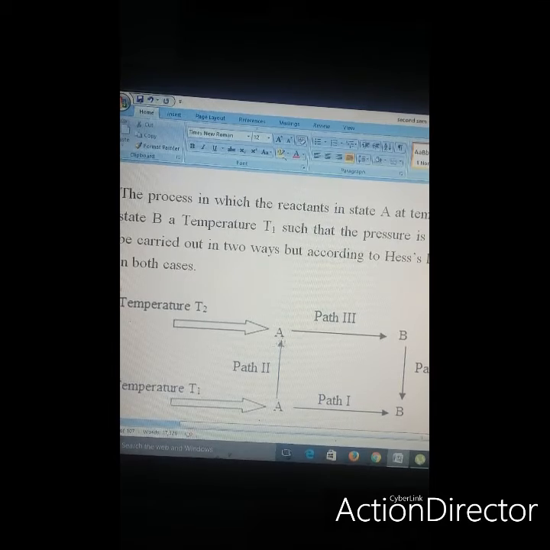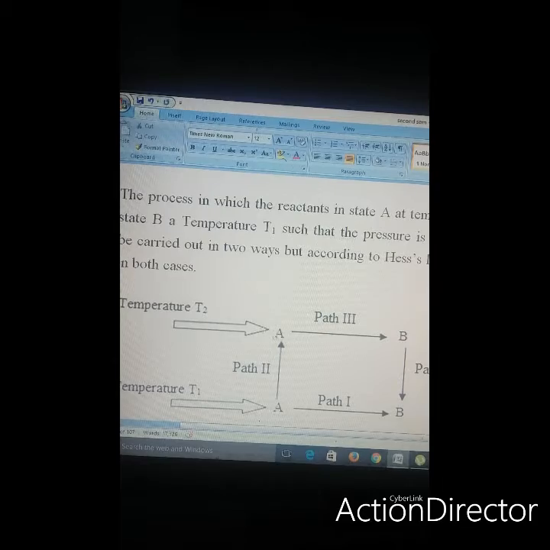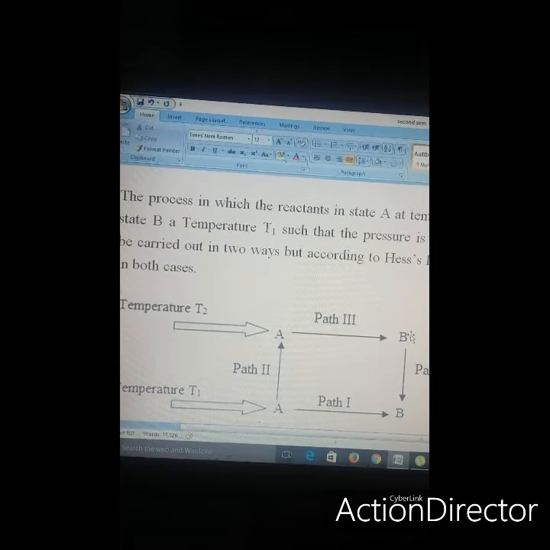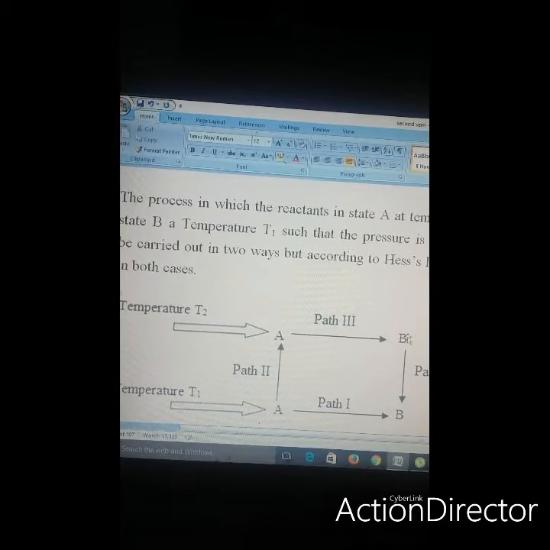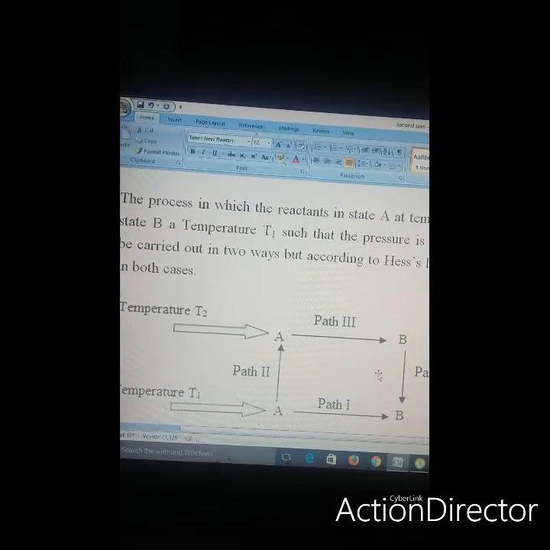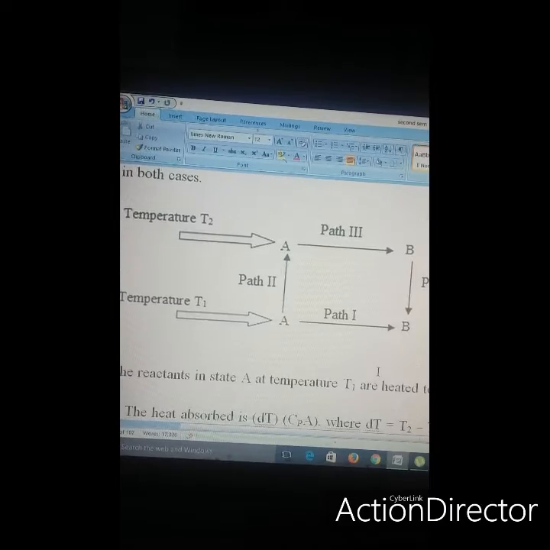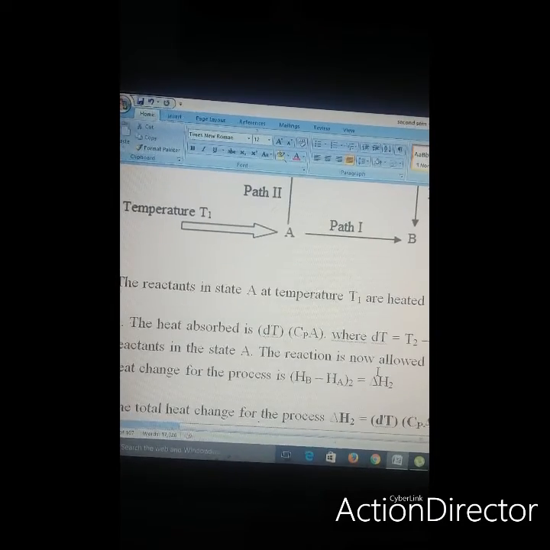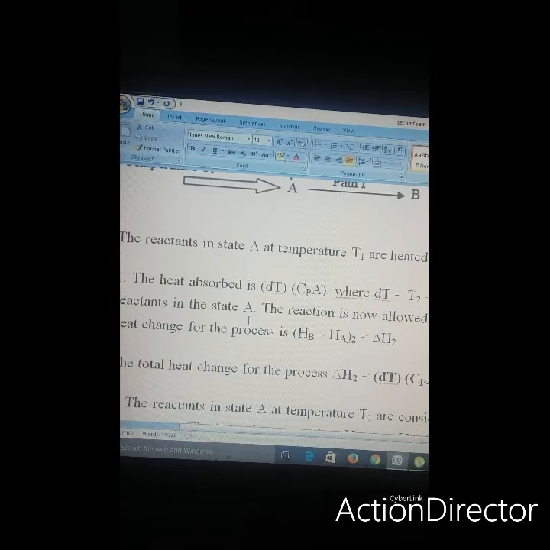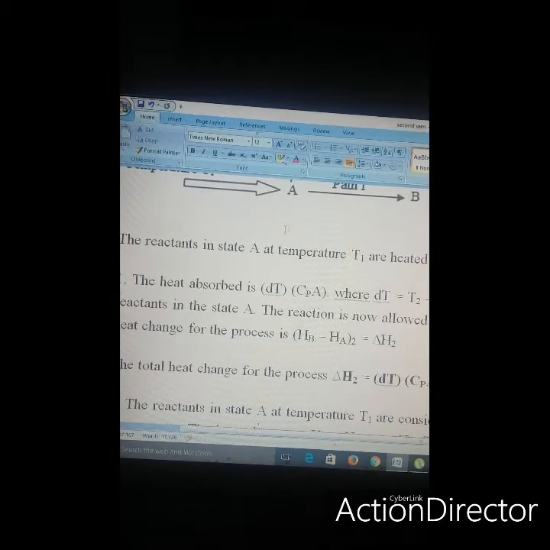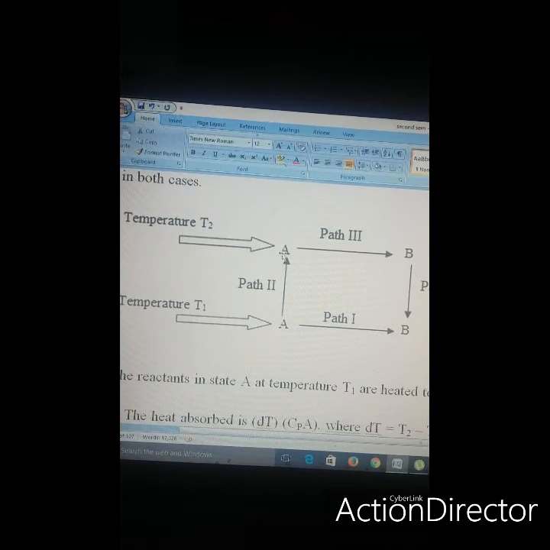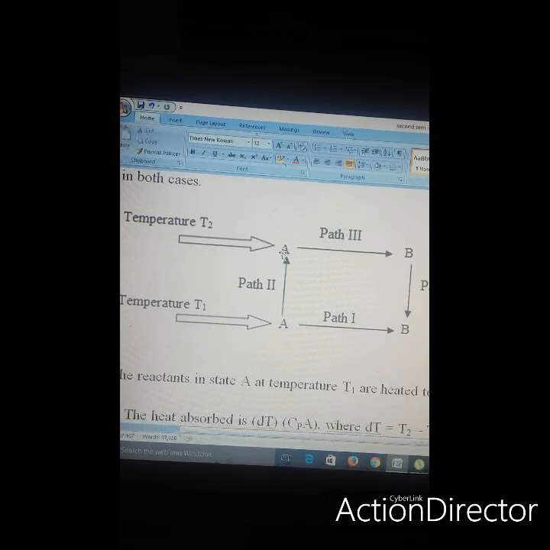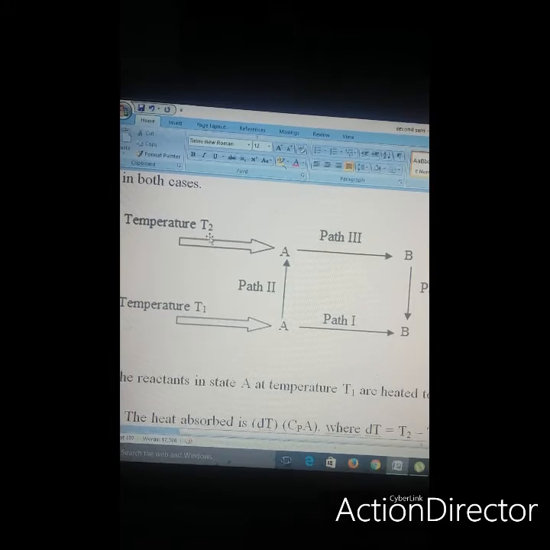Now this conversion can be carried out in two steps. Either there will be an increase in temperature and then it gets converted into product, but according to Hess's law, the total heat change must be the same in both cases. First, the reactant in state A at temperature T1 is heated to temperature T2.